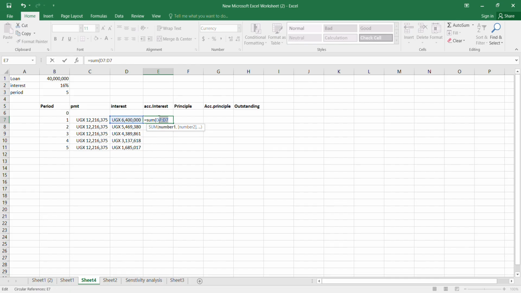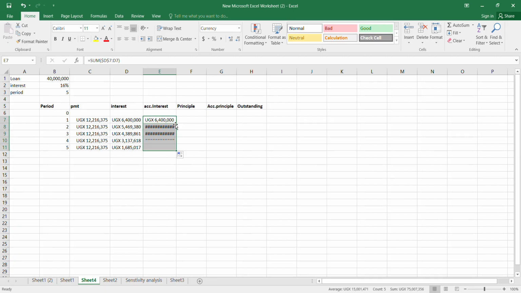It will automatically bring this as a reference cell, and then you fix one of them. You don't fix both, you only fix one of them. Press enter, and then you autofill.